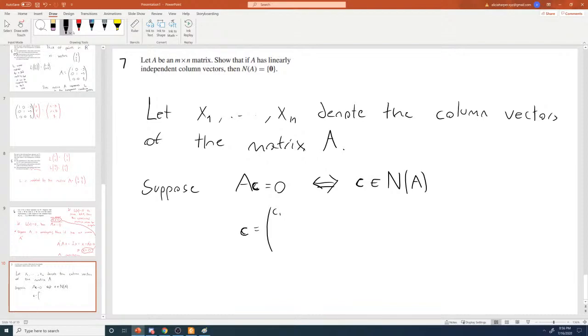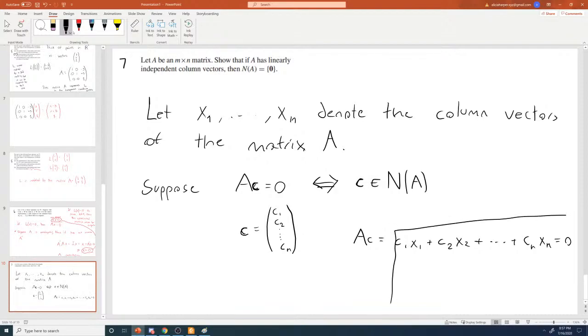So Ac equals 0 is the same thing as c belonging to the null space of A. Let's denote the components of c by c1, c2, through cn. So Ac is the same thing as c1 times the vector x1 plus c2 times the vector x2 plus and so on, up to cn times the vector xn being equal to 0.